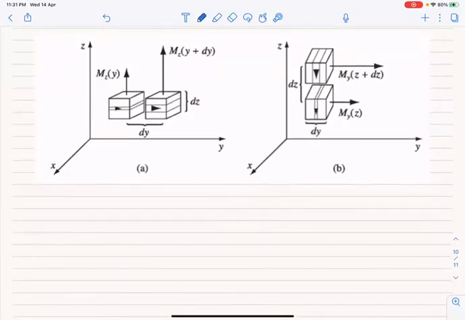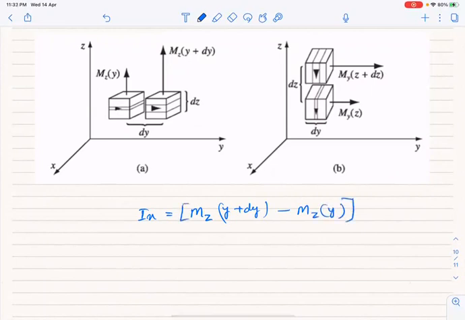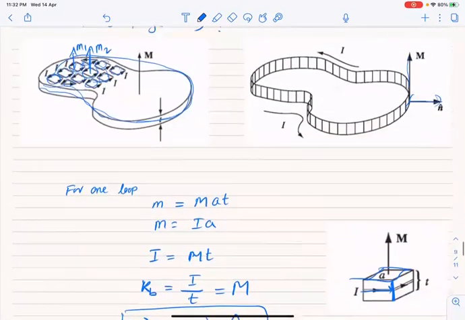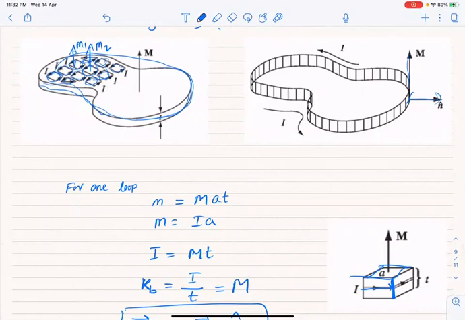So you can write the net current Ix as Mz(y+dy) minus Mz(y), since your magnetization is along the z direction, multiplied by dz. We are using the expression I equals magnetization multiplied by the thickness.